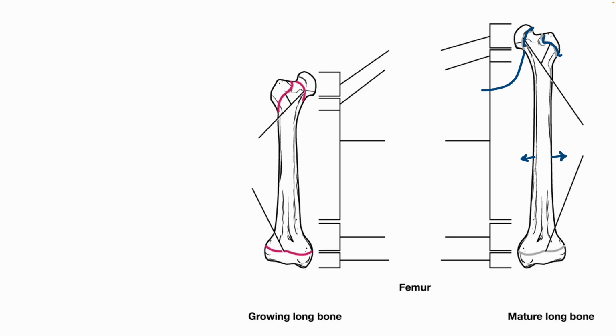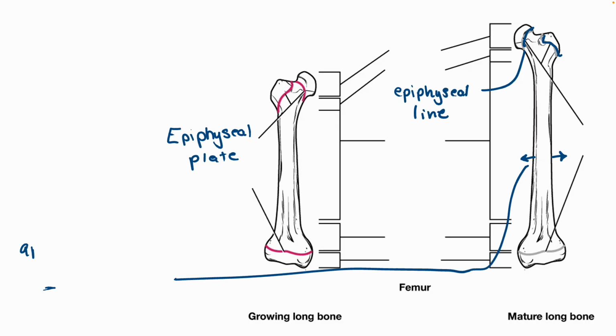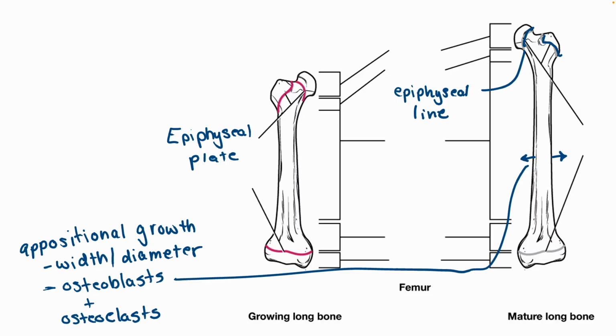Longitudinal bone growth does stop, but you can still have growth in width by appositional growth. So the osteoblasts in the periosteum are going to secrete the matrix, while the osteoclasts in the endosteal surface are going to remove it. So you have the epiphyseal plate lines that you see there, appositional growth, growing wider.